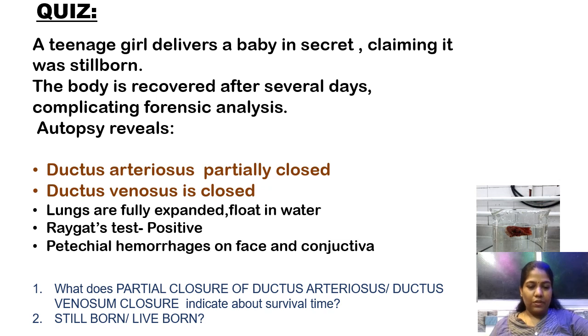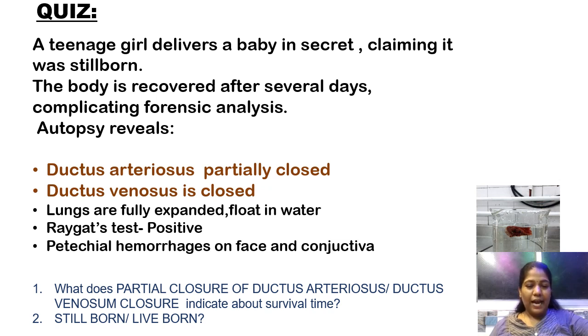So coming to the question, what do the partial closure of ductus arteriosus and the complete closure of ductus venosus indicate about the survival time? So we learned that functional closure occurs within a few minutes. Ductus venosus closes by the seventh day. Ductus arteriosus starts to close by 96 hours and it completely gets closed by the 10th day.